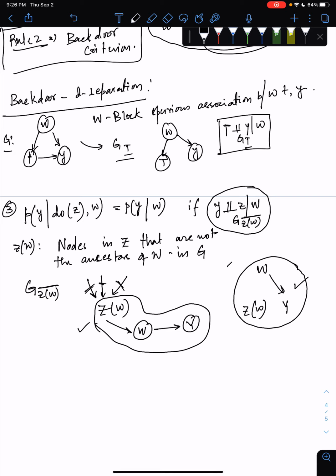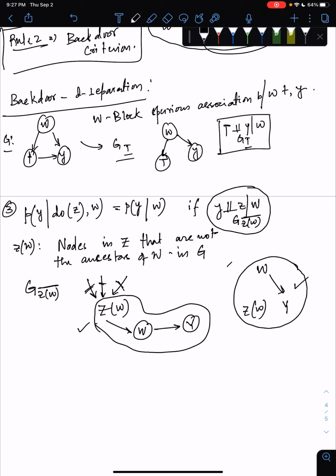Okay, let's do one more recap. The third rule says that we have to be in a graph where we remove the edges that are coming to Z, and in that graph, if this conditional independence relationship holds, where Y and Z are conditionally independent given W, then the rule applies.